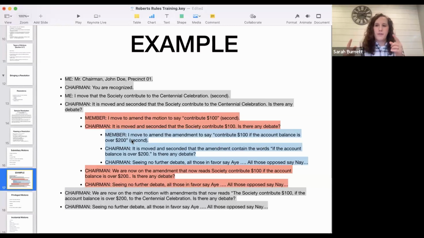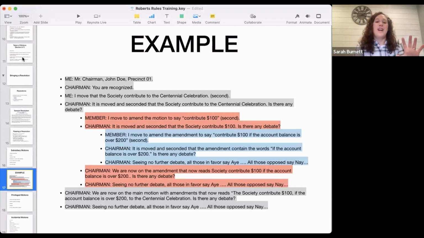If you're struggling to follow it in your head, use some arrows and take notes during a meeting to know which level you're on. But I love amendments because they can take a motion that's about to die and save it by listening to the debate that's going on and offering a helpful solution. So I'm a super big fan of amending motions on the floor.